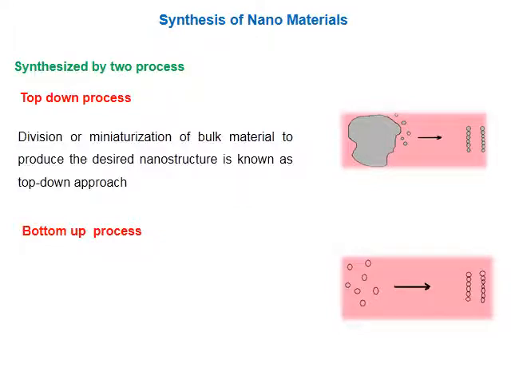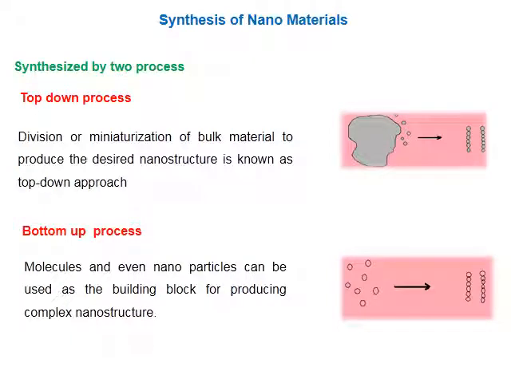Next is the bottom-up process. This is the process where you are going to use small particles or small molecules as building blocks to produce a desired complex nanostructure. This is like constructing a building where you are using bricks as unit building blocks. By organizing these building blocks, you can end up with a desired construction.